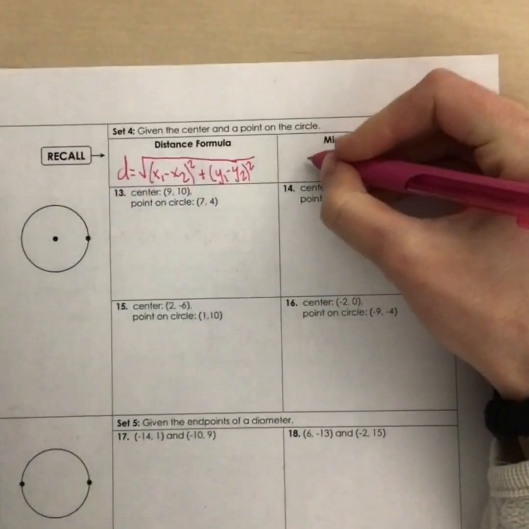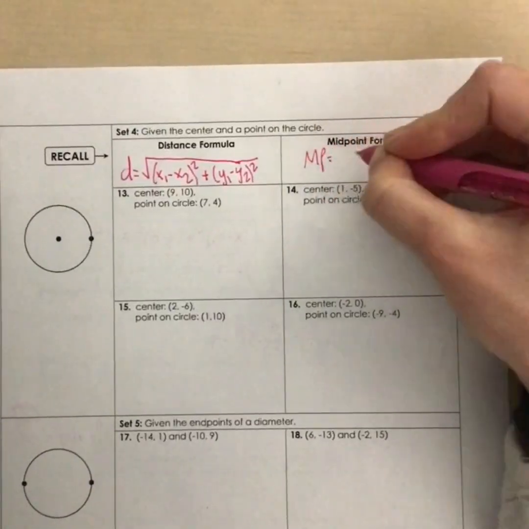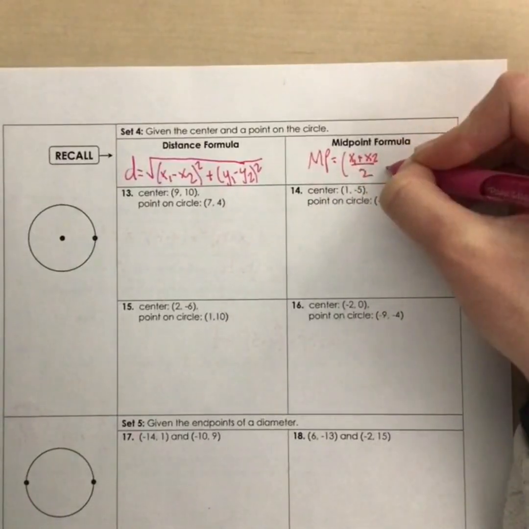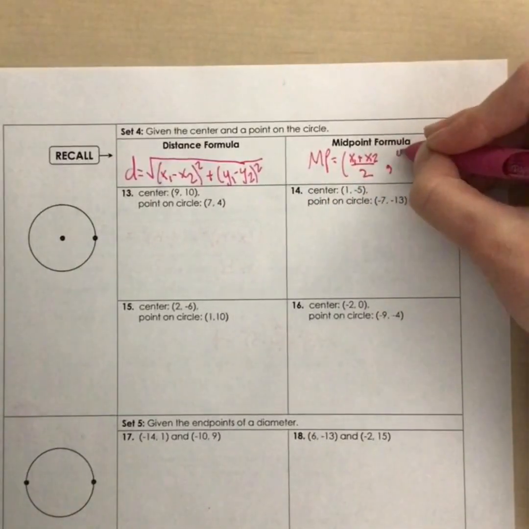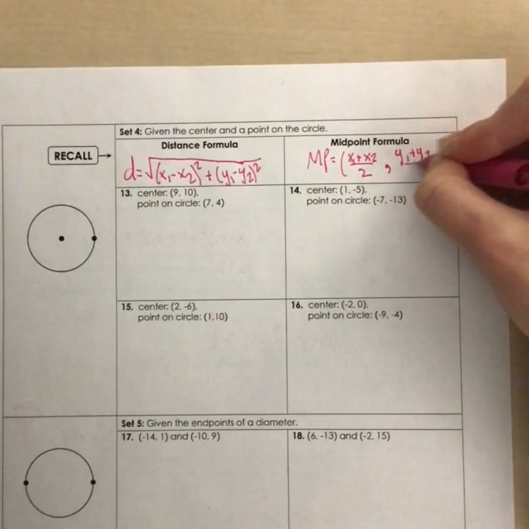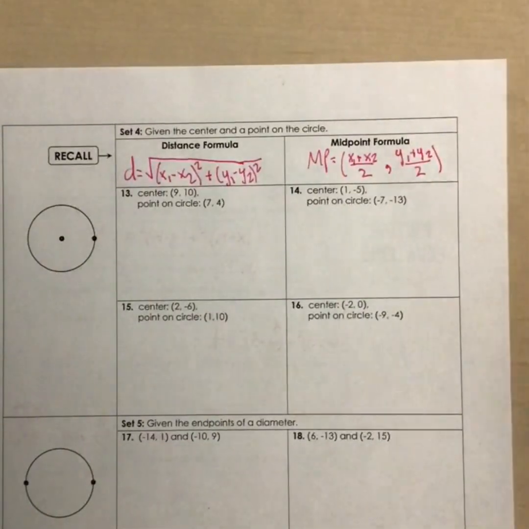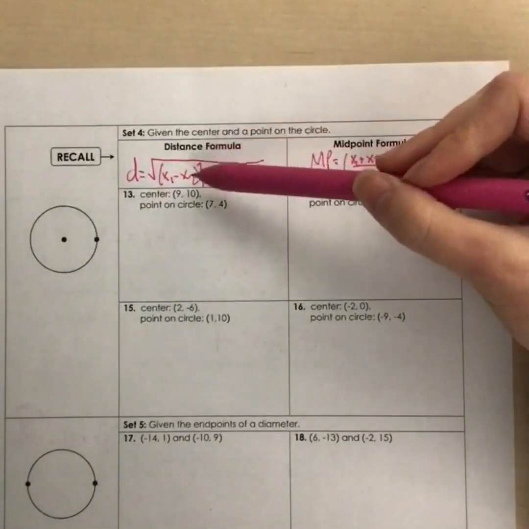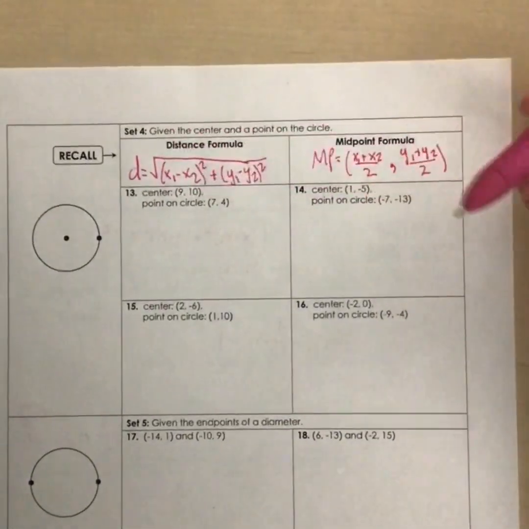And our midpoint is (x1 plus x2) divided by 2, and then (y1 plus y2) divided by 2, and that is a coordinate point.